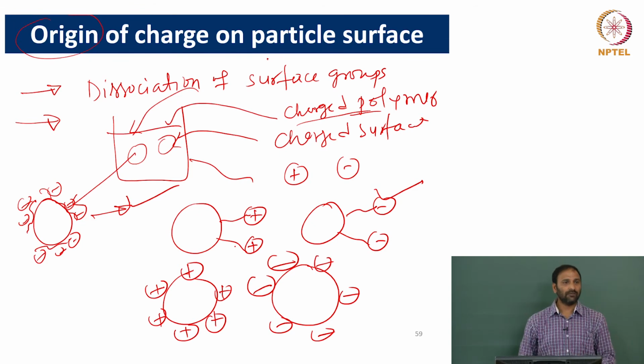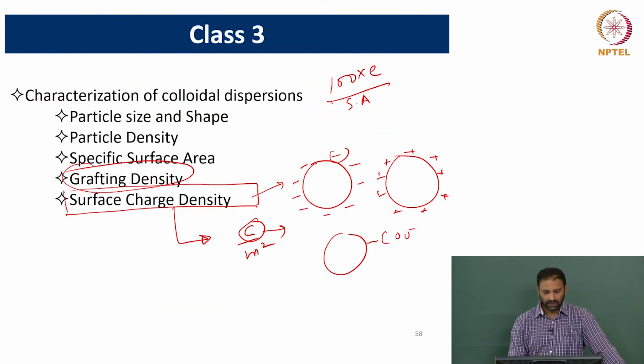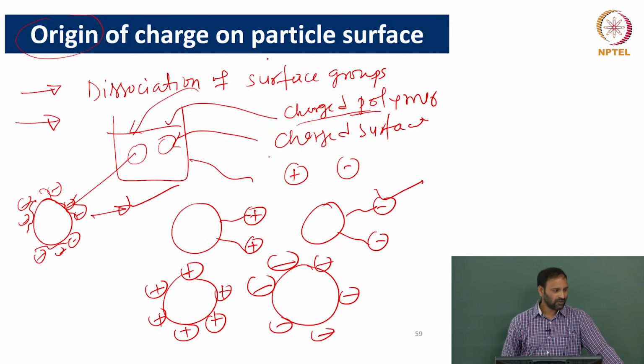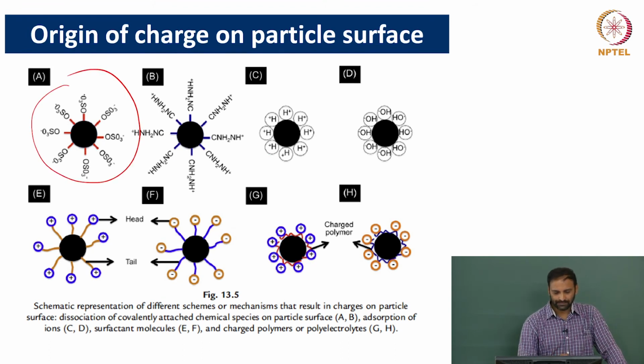Okay, so people think about these four different mechanisms by which the particles can acquire charge, and once you're dealing with charged particles in a fluid, it makes sense to characterize them for surface charge density. Okay, so I have some examples listed here, whatever I wrote up in a schematic form. This is an example where you have a group which is OSO3 minus.